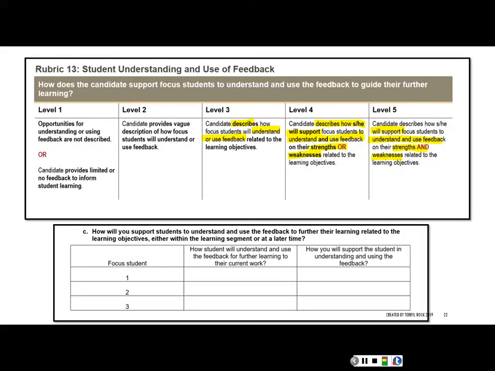Well, I'm using a PowerPoint that is obviously not the newest version, but let me show you what you can draw. Think about a focused student. Focus student 1, okay? And you want to talk about strengths.